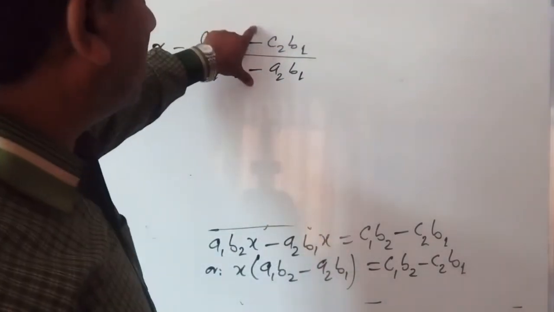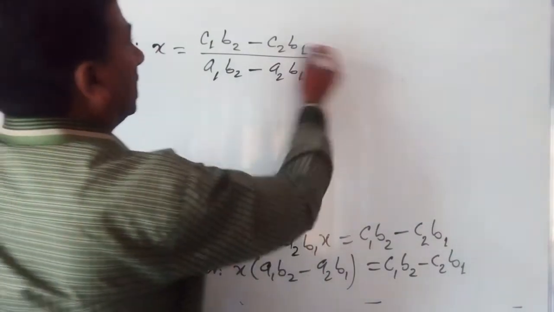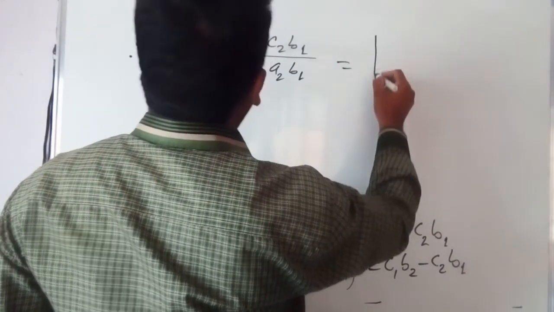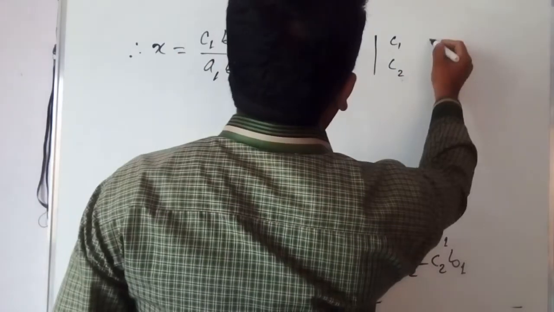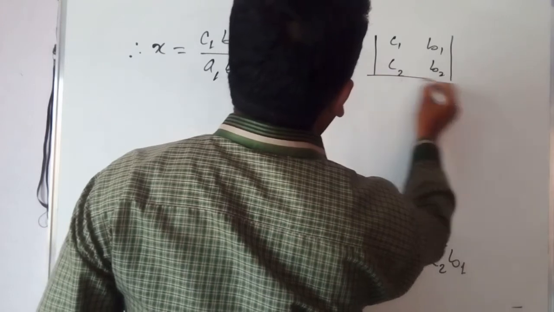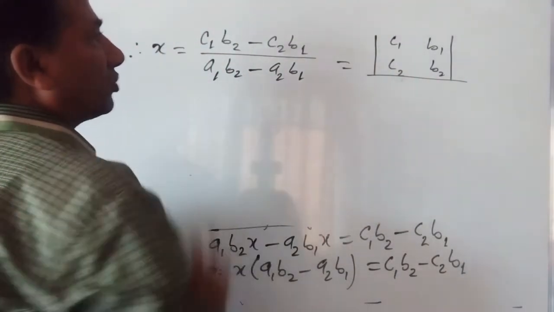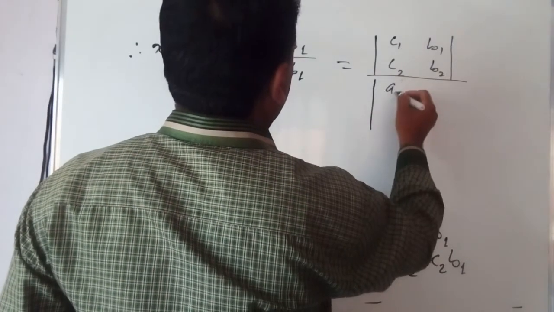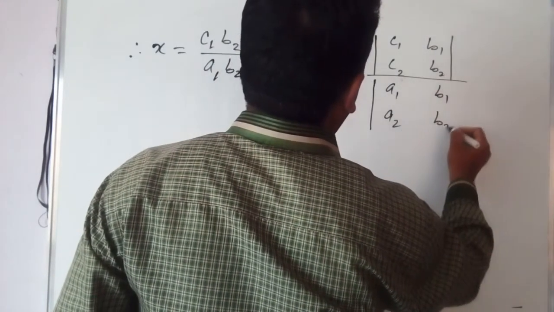Now this one we will write in the form of determinant. This numerator we can write in the form of determinant, c1 c2 b1 b2. Again the denominator also I write in the form of determinant, a1 a2 b1 b2.